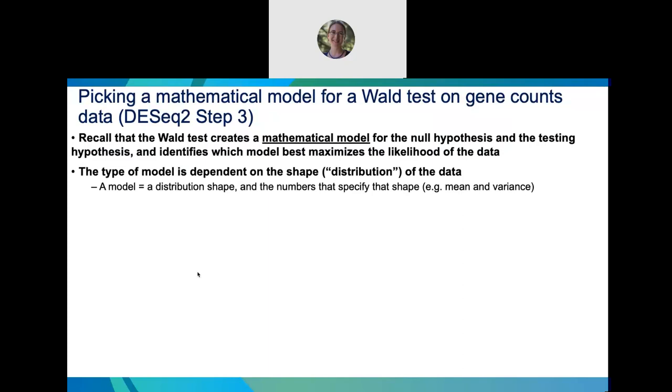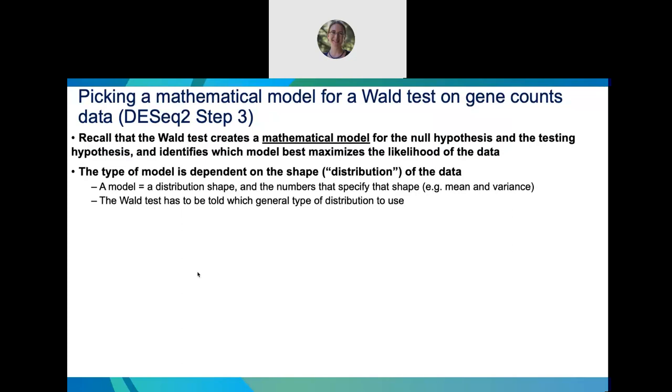Because the mathematical model, along with the mean and variance of the data, has to know what the distribution shape of the data is. Otherwise, we talked about how the t-test is a little bit less specific than the Wald test because it just relies on mean. Well, the Wald test takes into account what your data looks like when you plot it out.